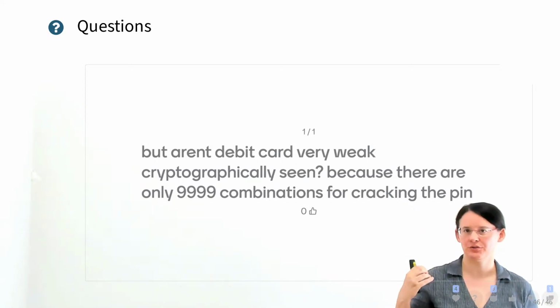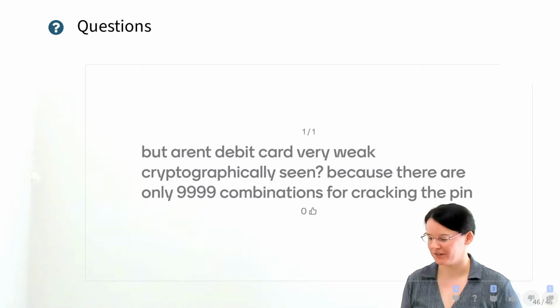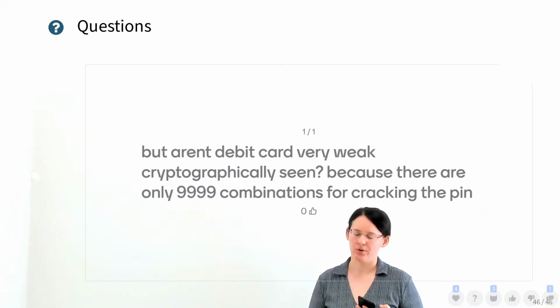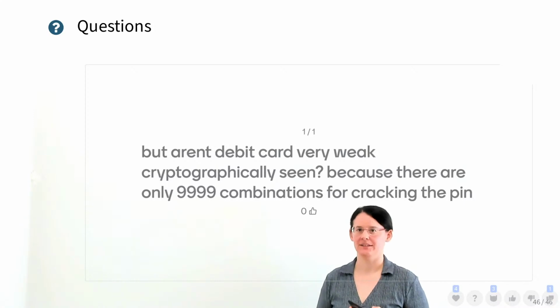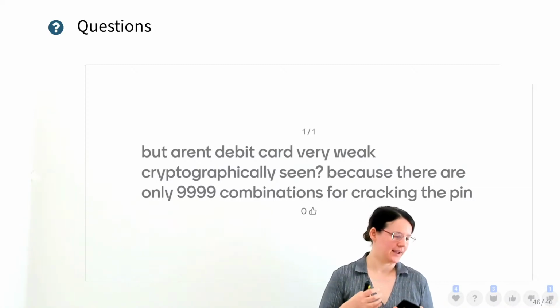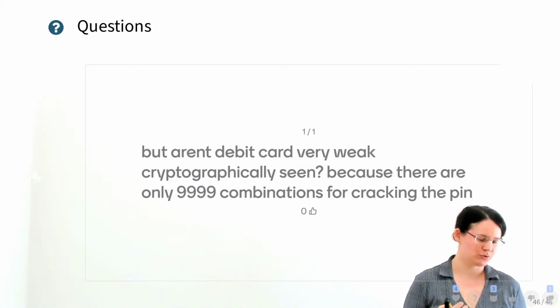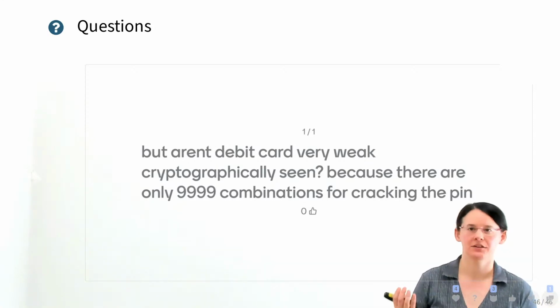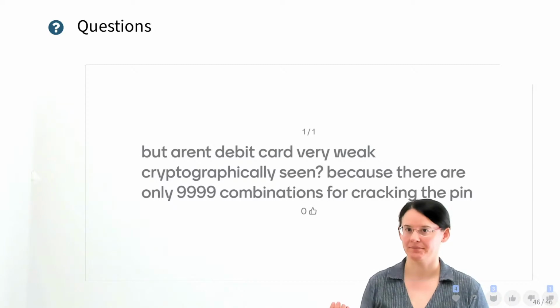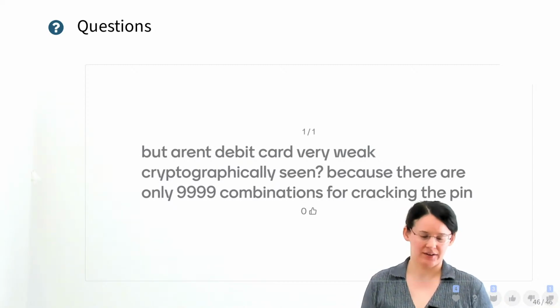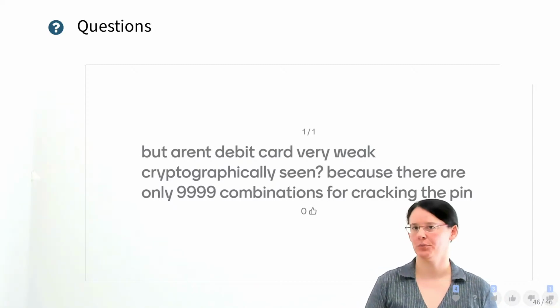So every one of these tries actually needs to be forwarded to the bank or verified by your card, depending on the details. And here you can simply choose to block this online access after 3 incorrect tries or something. So that's also a mechanism that works in some cases.